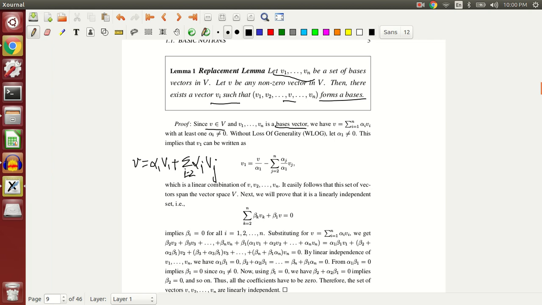We can write this. This is like the preliminary step for this. Implies this.